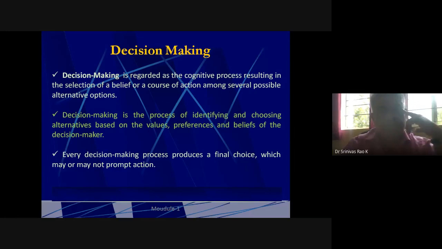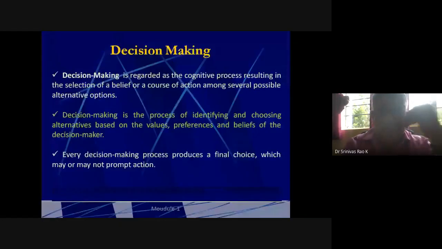So decision making is regarded as a cognitive process resulting in the selection of a belief or a course of action among several alternatives for a process.